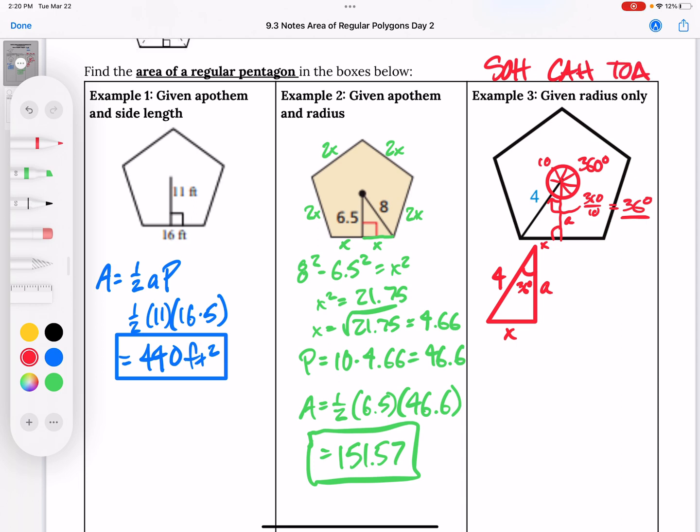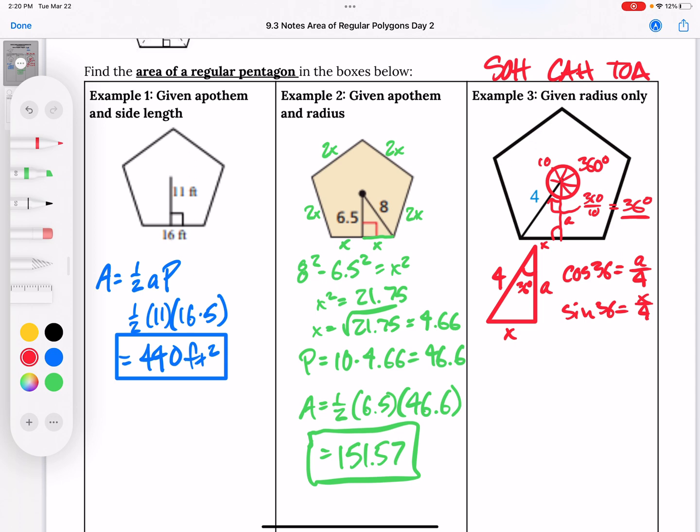So I know that A is adjacent to 36, so cosine of 36 is equal to A over 4. Sine of 36 is equal to X over 4, because that's the opposite to the 36.